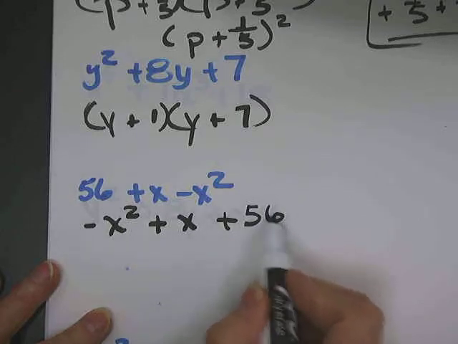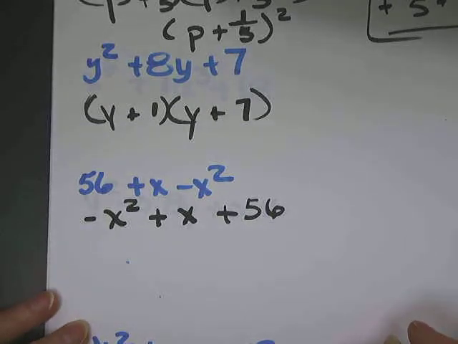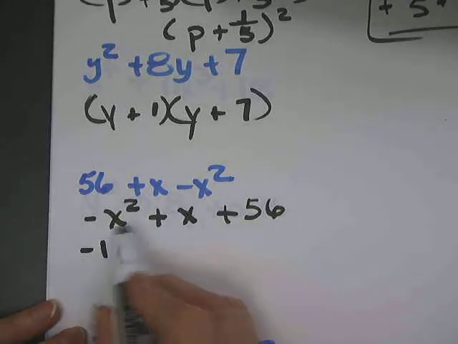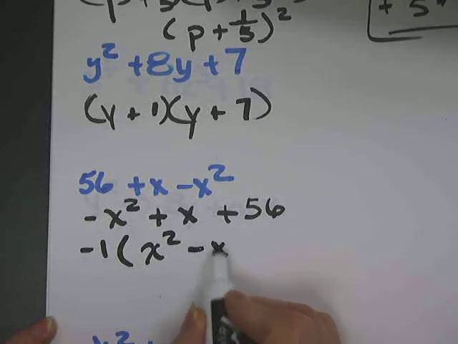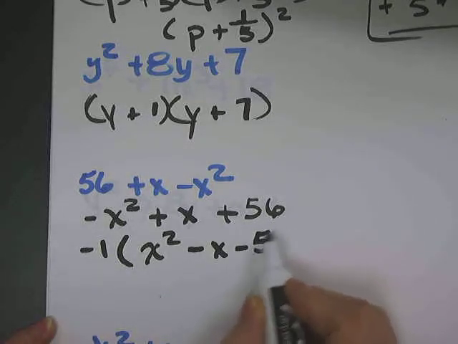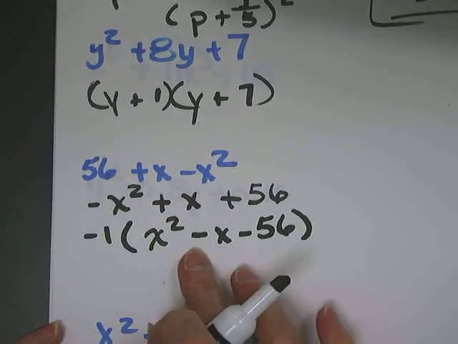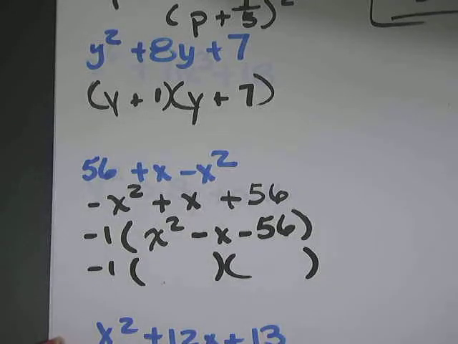Put the x squared first, keeping the coefficient, so it's -1 in front of it. What we want to do is factor out the -1, so we have a positive x squared. So it changes every sign. We have x squared minus x minus 56.